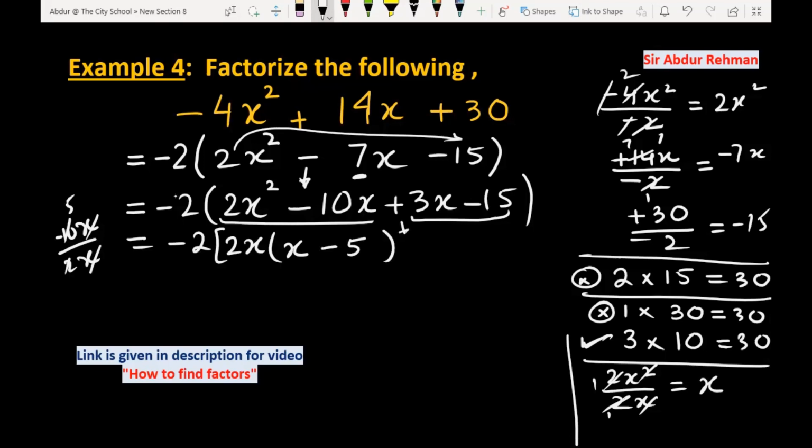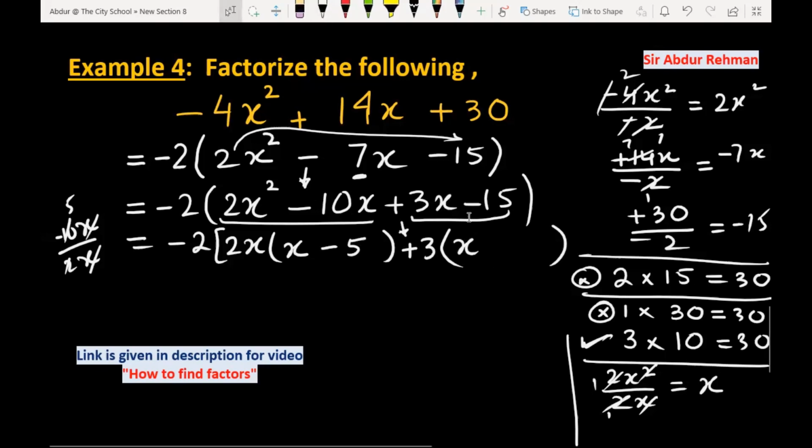Copy this sign, plus, and take the common in the next group. 3 is the common in the next group because 3 is divisible by 3 and 15 is divisible by 3. So write down 3 here. And for this bracket, when you divide 3x by the common 3, you will get x.